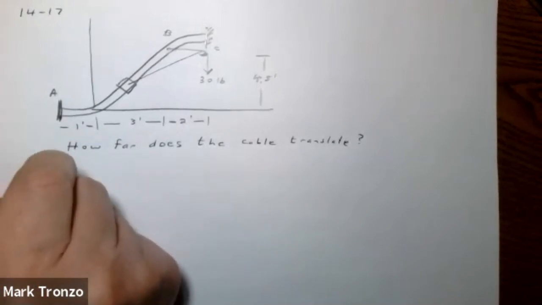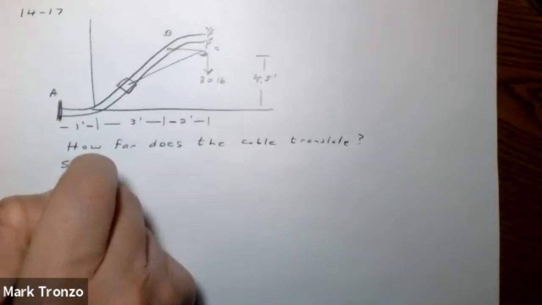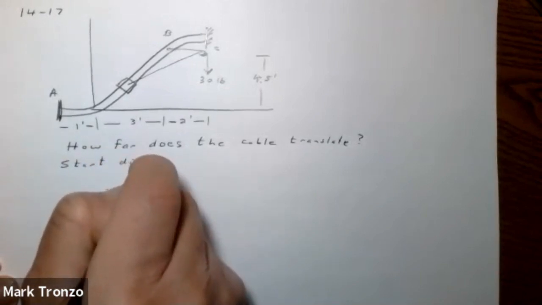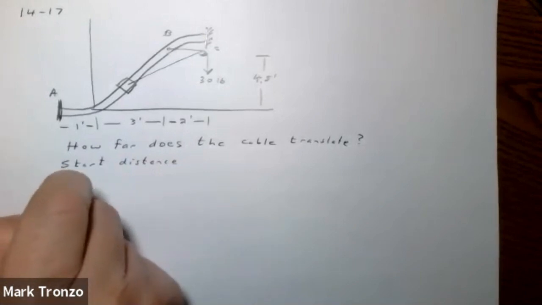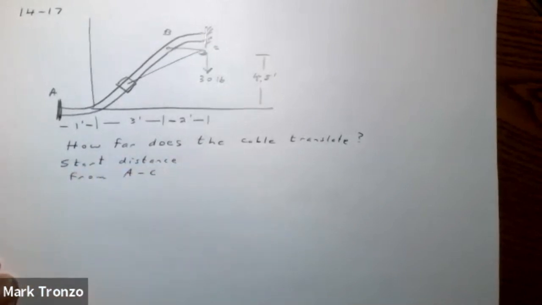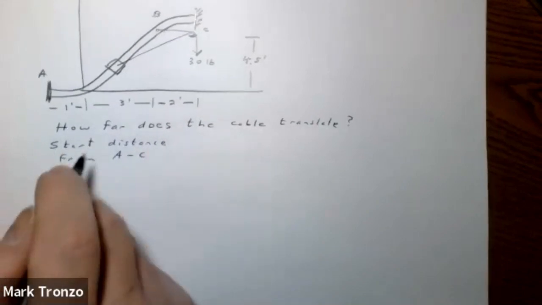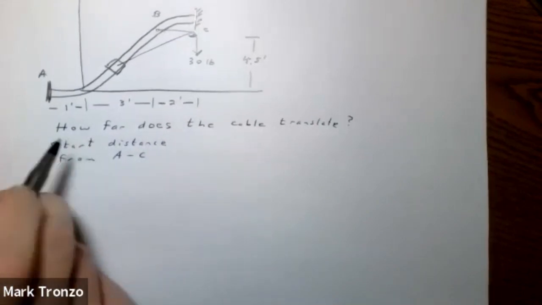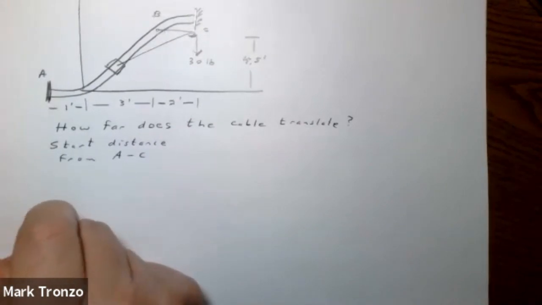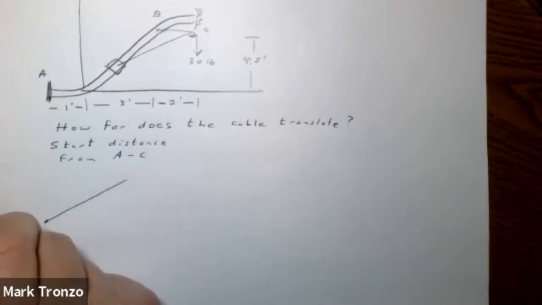So at the start, find the distance from A to C. So we can make maybe a little picture. So you can see where A is over here. This is A, this is C.